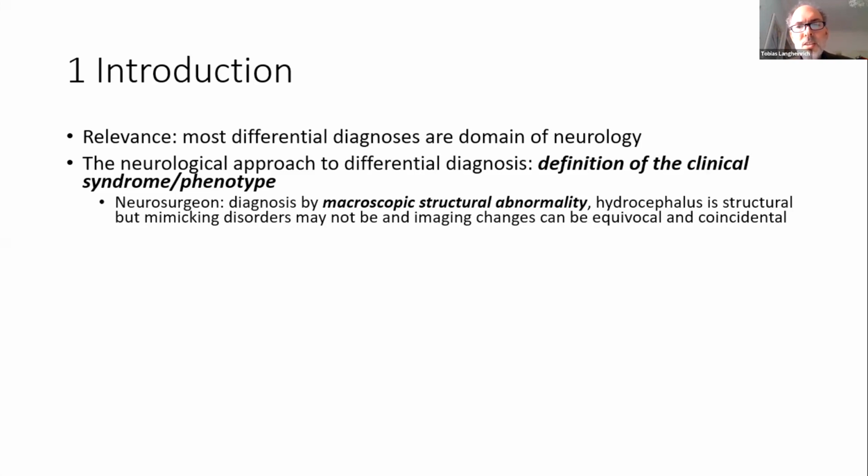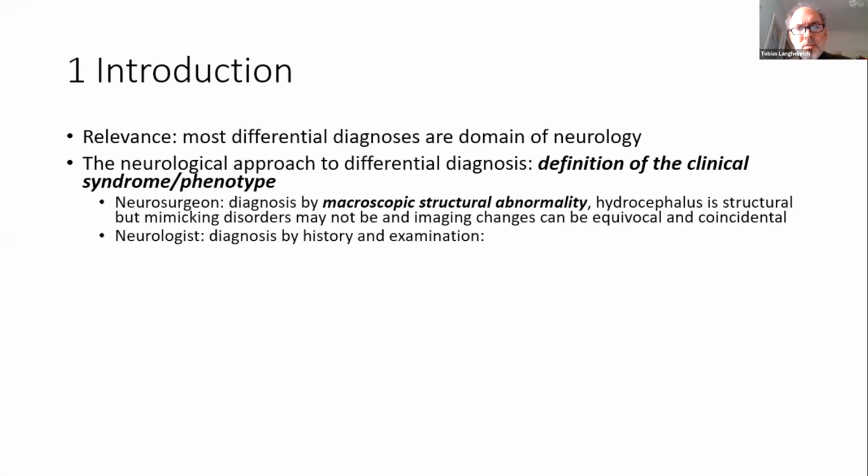So you need to see something on the scan. But I'd like to highlight that whilst hydrocephalus is a structural problem, it certainly can be mimicked. Imaging changes often are equivocal, and they may even be coincidental.